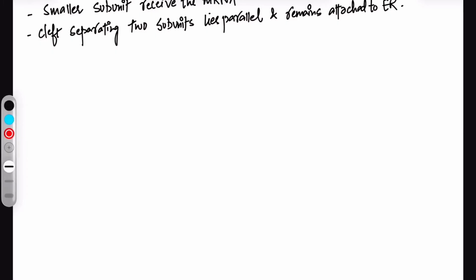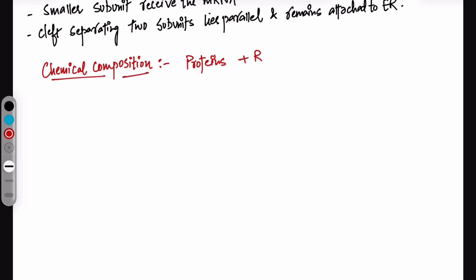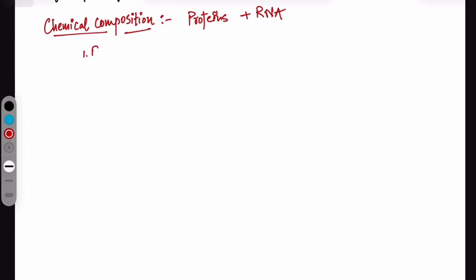Okay. So next we will see the composition of ribosome. So till now we have discussed that ribosome is made up of RNA and proteins. The different types of RNA and the different types of proteins that we have discussed till now remain the same. So the RNAs are ribosomal RNAs.